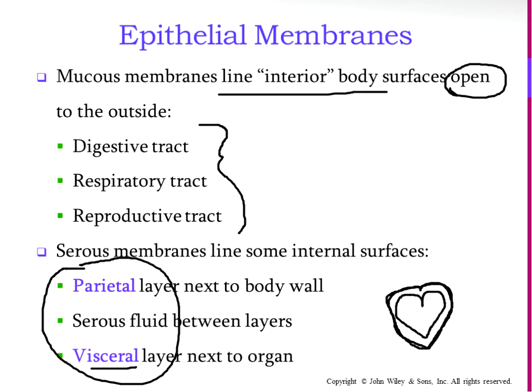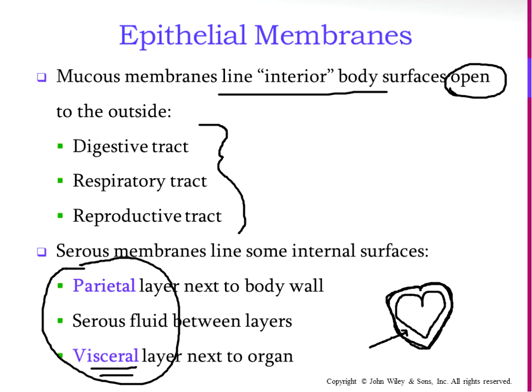Viscera means organs. So the visceral layer is lying right on top of the organ. And in between those two layers, you've got fluid called serous fluid. That fluid is there to reduce friction.